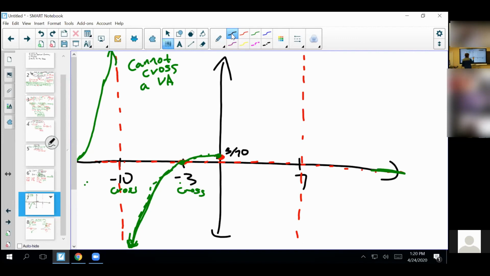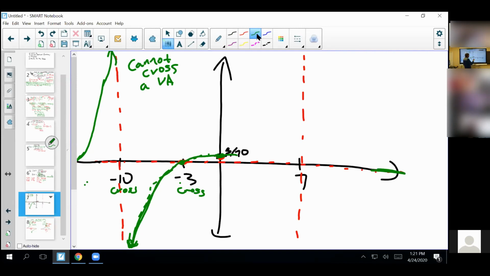Going over here, let's continue right here. So our graph continues along, we're hitting another vertical asymptote. So we know we have to veer either up or down. But if we veer down, we would cross over the x-axis. But there's no intercept there. We've found all the intercepts. The only intercept is -3.